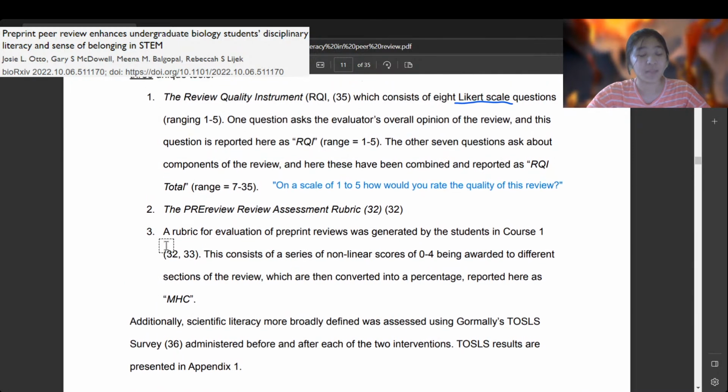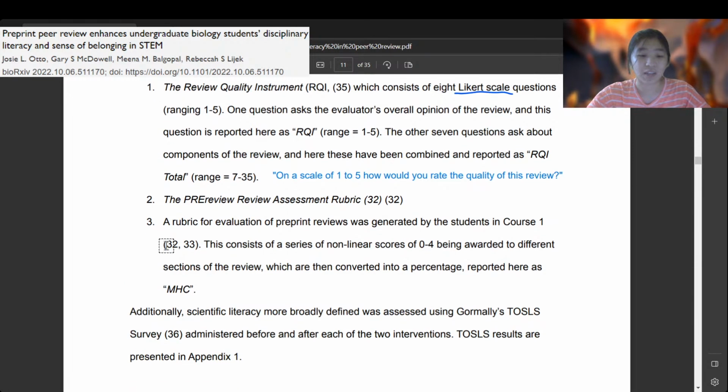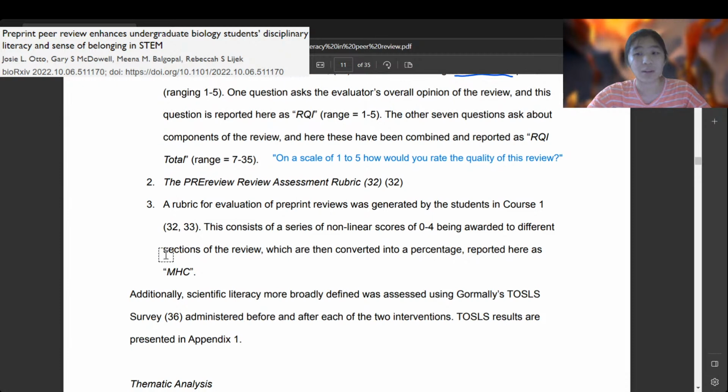Okay, the second measurement they used to gauge the quality of preprints was the PREreview review assessment rubric. PREreview is actually another organization that specifically focuses on reviewing preprints.